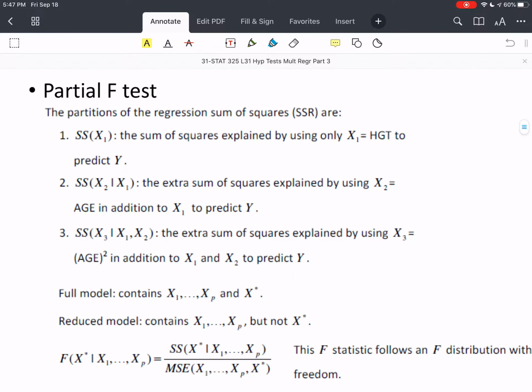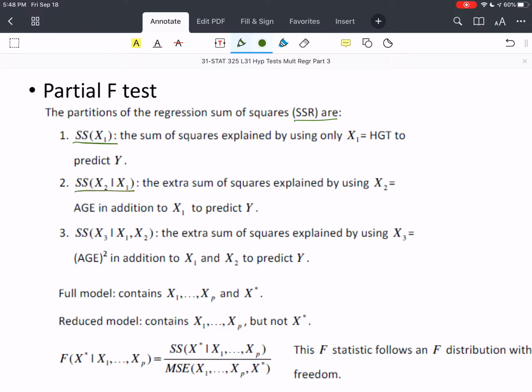We talked about the partial F-test, where we looked at the partitions of the regression sum of squares, SSR. We partitioned it, and we used conditional probability. The first variable, whatever variable we choose to put in the model first, gives the sum of squares for x1. Then we figure out whether we have to run another model or whether the computer does it for us.